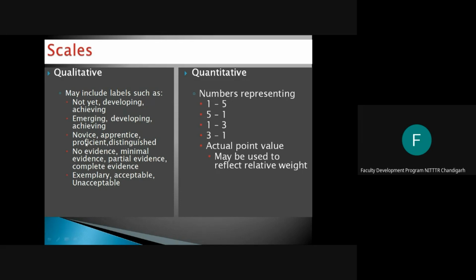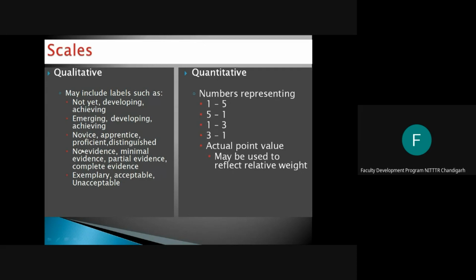Although both scales appear to be the same, here I'm using the words not yet. If I tell a student that you are not yet at the desired level, that feedback seems slightly negative, because we are saying not yet.